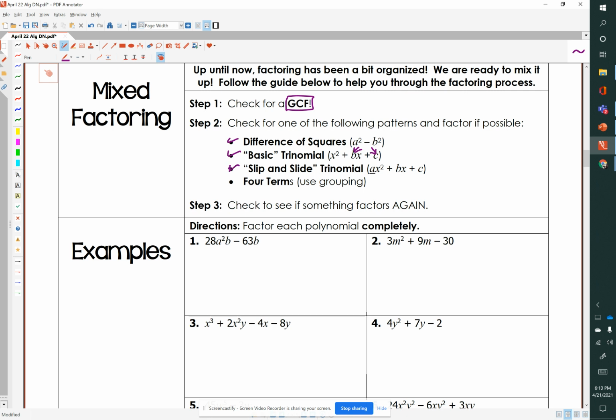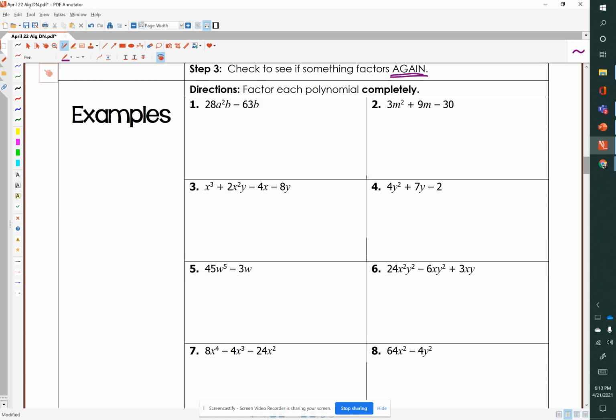Do you have one of those slip and slide trinomials with a leading coefficient? Or is it a four-term polynomial where you can use grouping? Now, after you've done that, check to see if you can still factor, because sometimes you can factor again. So let's use those rules and put them to work for us.